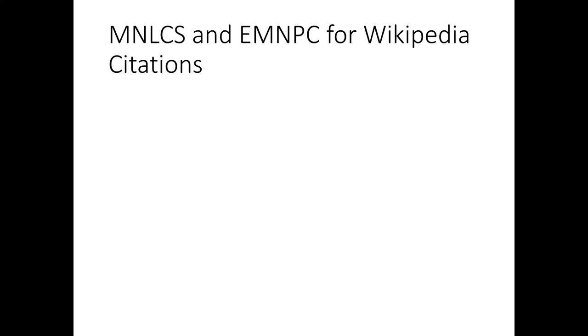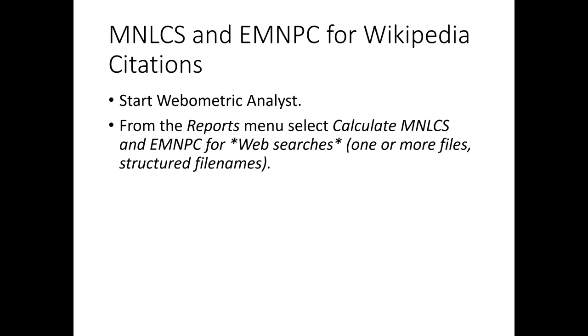So how do we create the MNLCS and EMNPC for the Wikipedia citations? And remember that the EMNPC might be the best one for Wikipedia, because most of the scores are likely to be 0. We'll start Webometric Analyst. From the Reports menu, select Calculate MNLCS and EMNPC4, and then pick the Web Searches one or more files, structured file names, and select the folder containing the files.